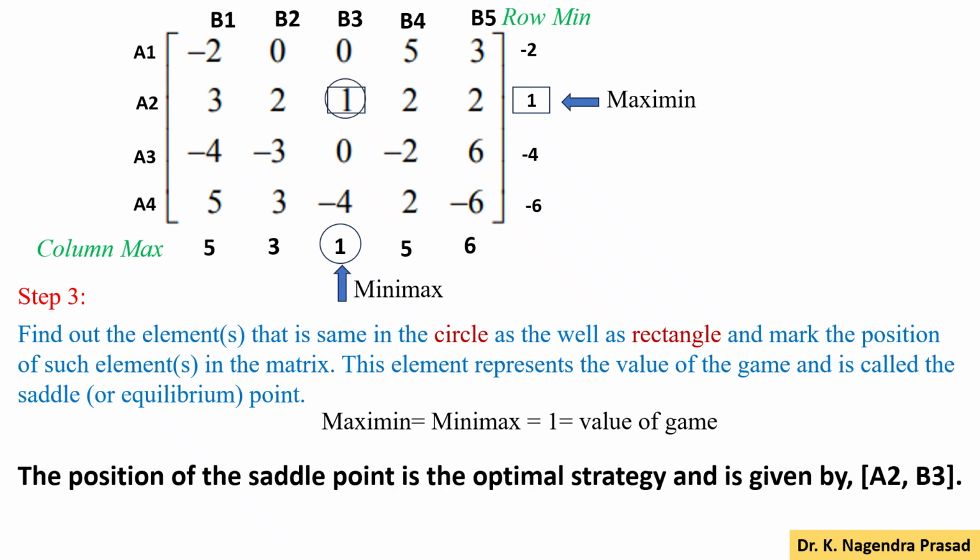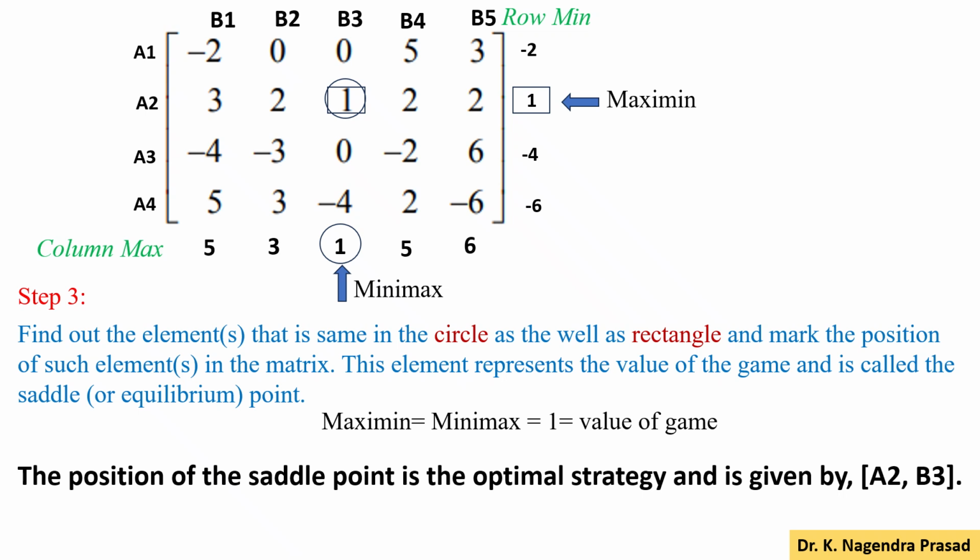The position of this saddle point is the optimal strategy and is given by A2 B3. So the position of the saddle point is, from the row point of view, the second row, that is A2, and from the column point of view, the third column, that is B3, which means player A selects the second strategy and player B selects the third strategy.